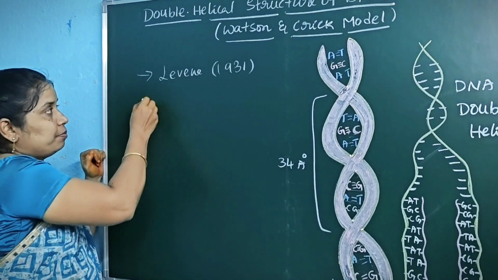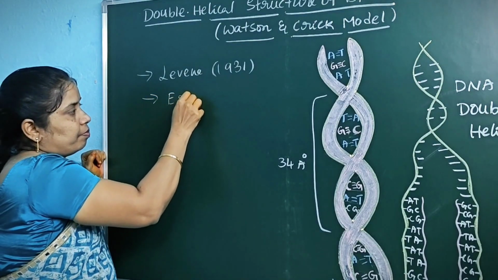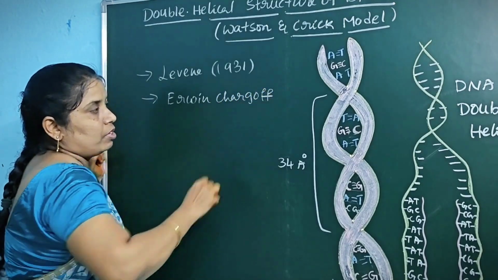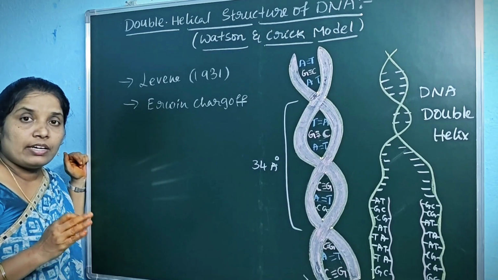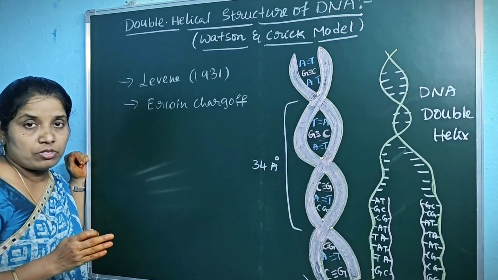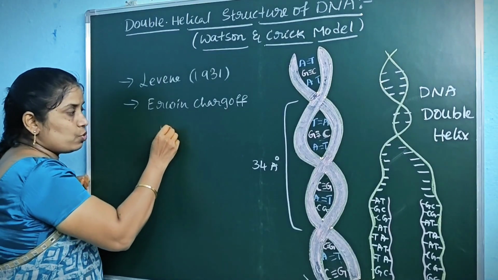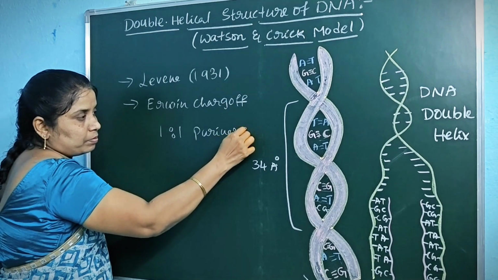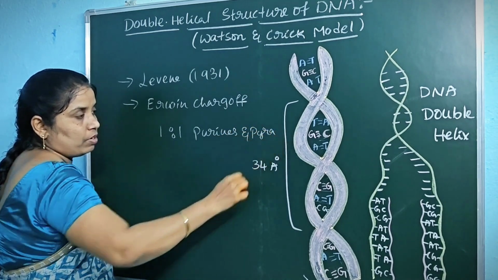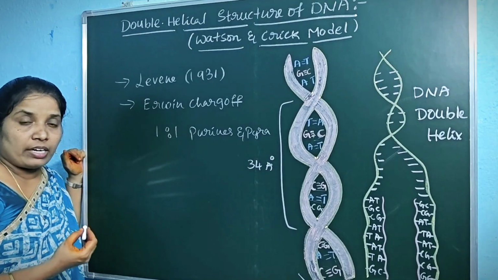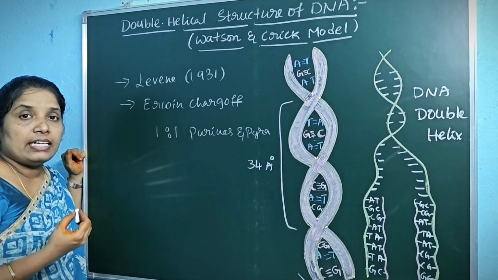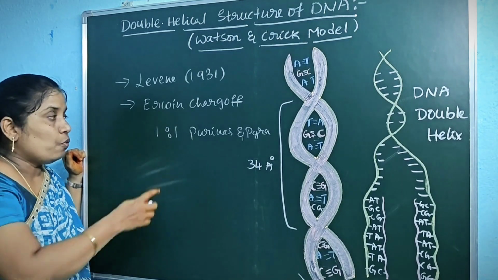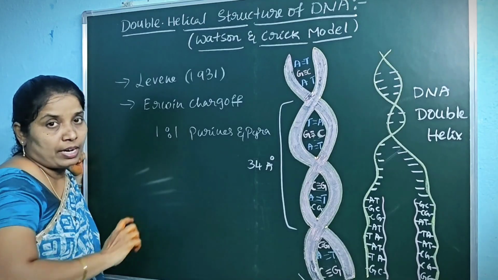Erwin Chargaff discovered that DNA of any cell of any organism contains a 1:1 ratio of purines and pyrimidines. So according to Erwin Chargaff, the DNA from any cell of any organism contains a 1:1 ratio of purines and pyrimidines.